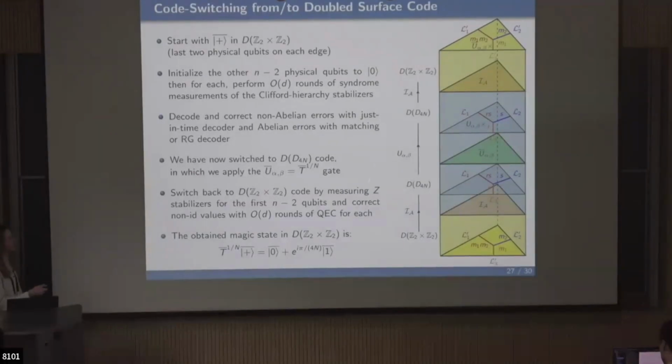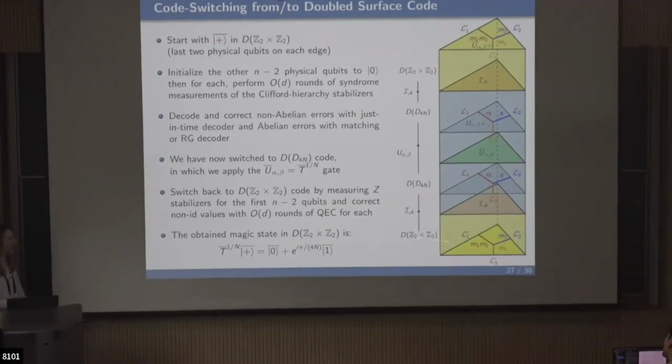Now let's see a more detailed error correction protocol where we also have code switching into Z2-based codes. So this is obviously useful to code switch into Z2 codes because we can have the Clifford operators. So if we start with a Z2 code, we will basically take the physical qubits for Z2, Z2 to be the last 2 qubits on each edge, okay?